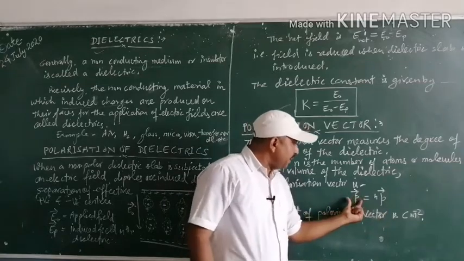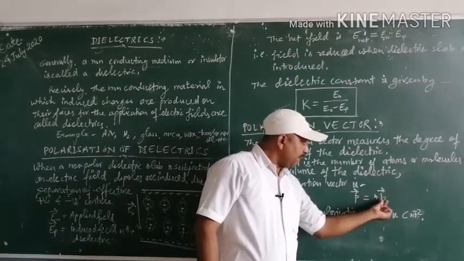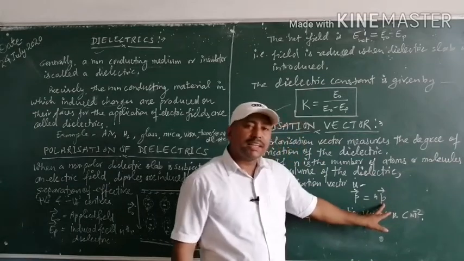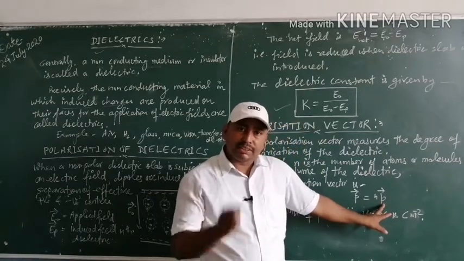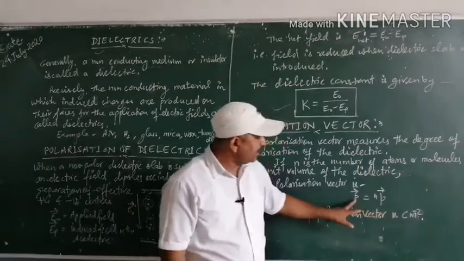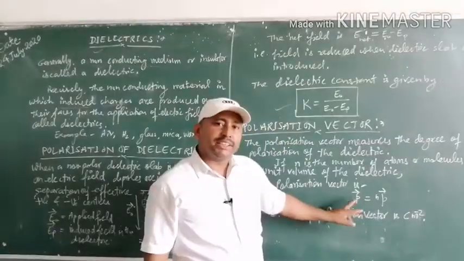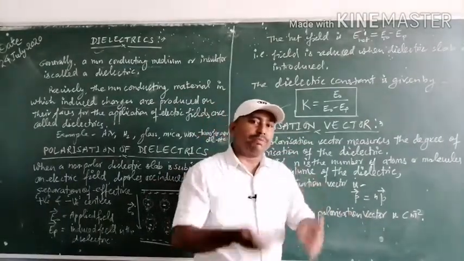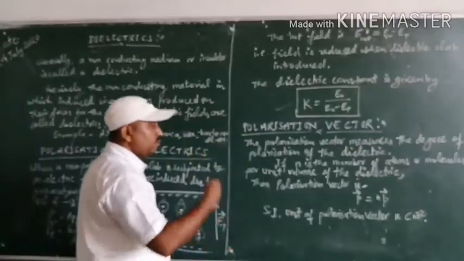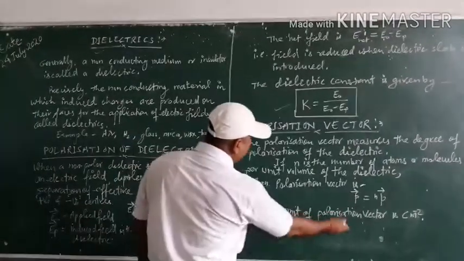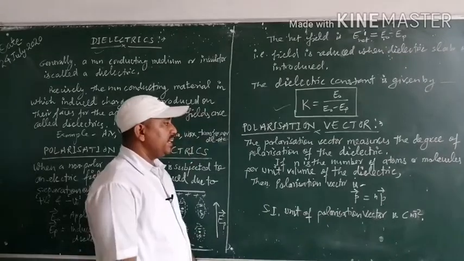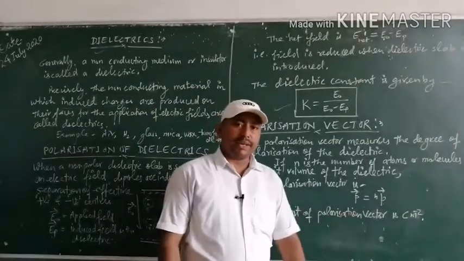That is, capital P equals n multiplied by small p. Small p is the dipole moment possessed by one molecule, and capital P is the polarization possessed per unit volume of molecules. The SI unit of the polarization vector is coulomb per meter square.